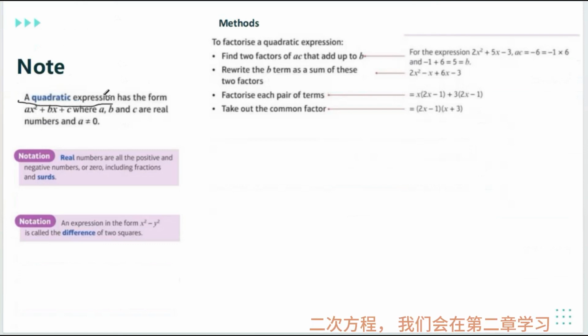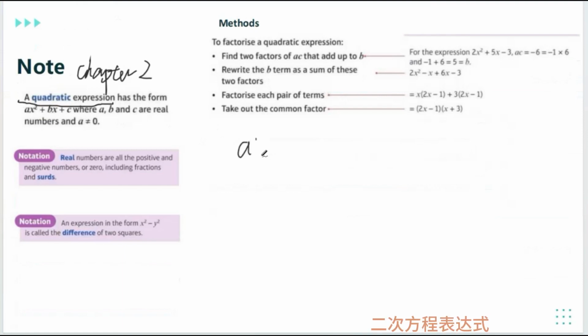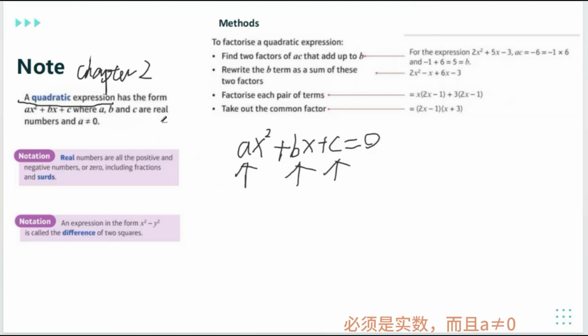Quadratic expressions we will learn in chapter 2. A quadratic expression has the form ax squared plus bx plus c equals 0, where a, b, c are real numbers and a cannot be 0.